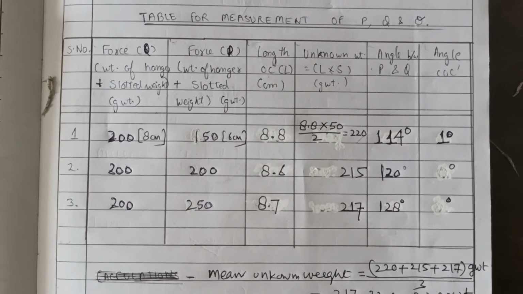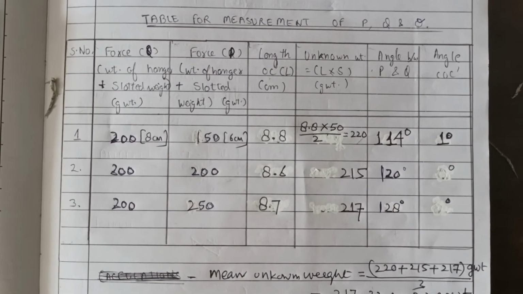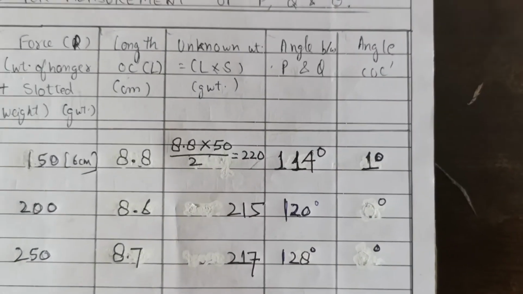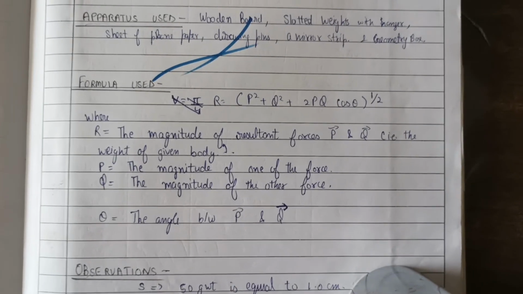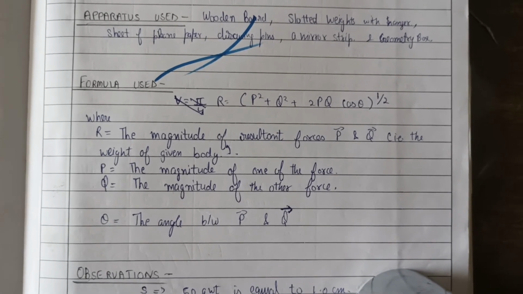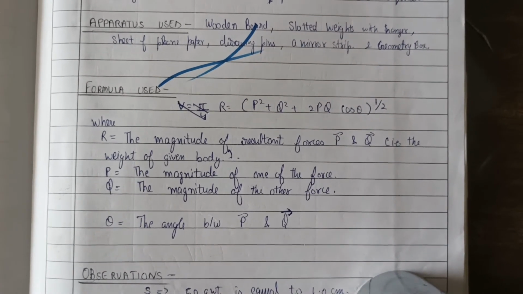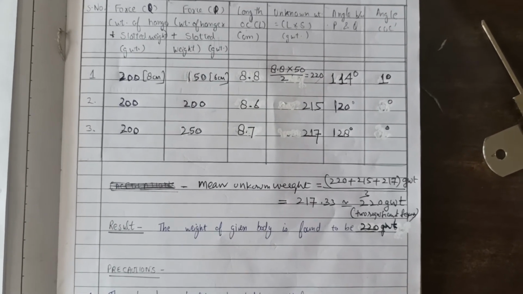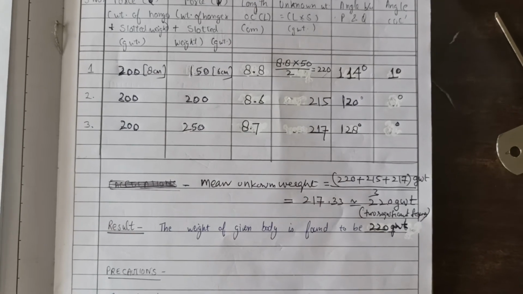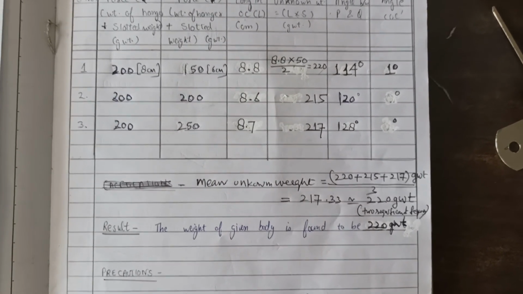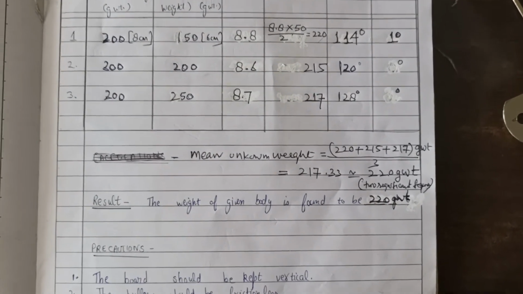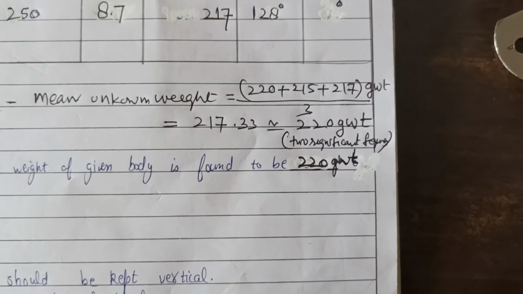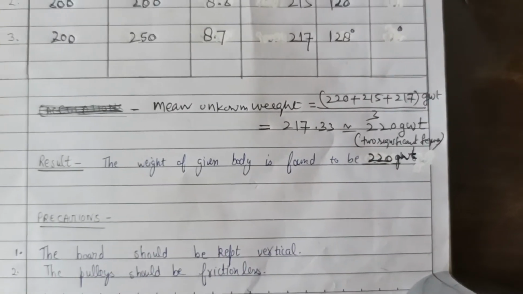Also you will substitute 200 for p and then 150 for q and the angle between them 114 degree in that formula, and will calculate respective values of R for 3 different observations. After finding 3 different values of R, you will get the average of the 3 values, and then you will see whether this is also coming approximately equal to this 220 gram weight, whatever values you are getting.